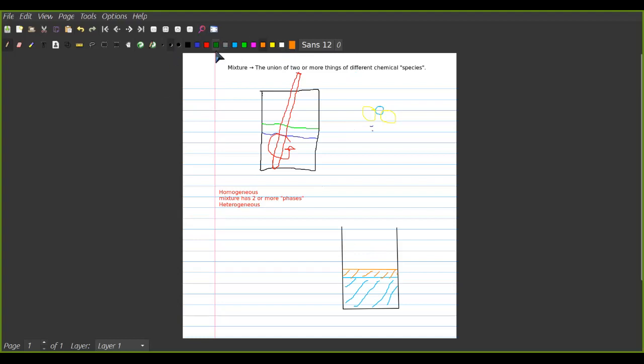Actually, we can't see air, but let's say we dyed the air, so now the air is purple. Then we would have another phase, so this would be three phases. Or if we didn't have that, two phases.